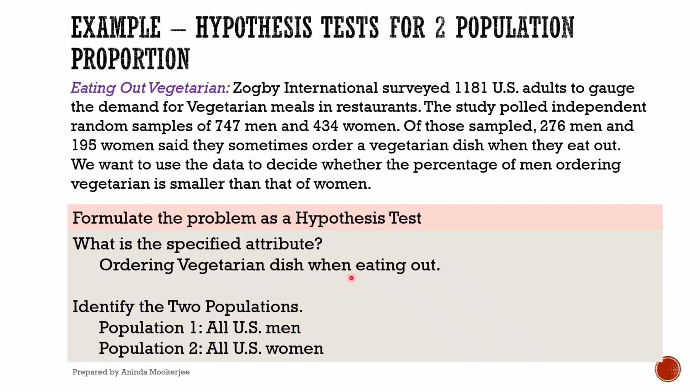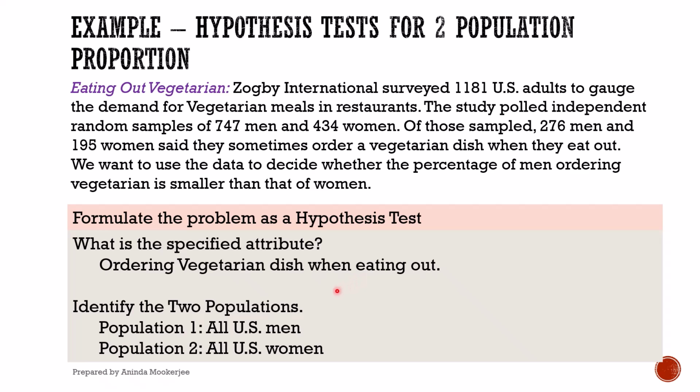So that is the specified attribute, and those who responded would either say, yes, I sometimes order a vegetarian dish, or I do not order a vegetarian dish. So whoever said yes met the specified attribute. So in this case, the specified attribute we are looking for is ordering a vegetarian dish when eating out.